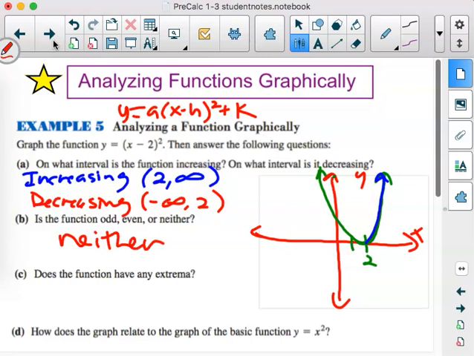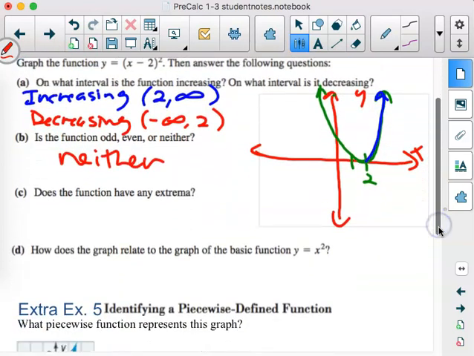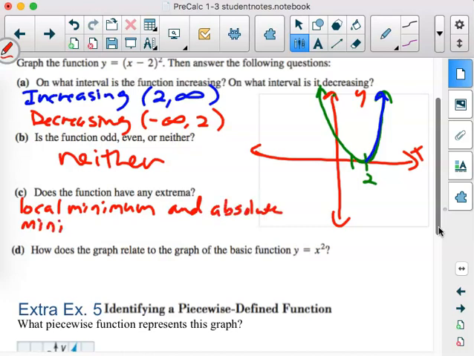Does the function have any extrema? So a highest point or a lowest point? Well, we can't say a highest point. We've got arrows. We can see that going. But yeah, it has a lowest point. So it is a local minimum. But in fact, with this graph, it's also the absolute minimum. It has a lowest point. So local minimum and absolute minimum of blank at x equals blank, because that's how we always write the extrema.